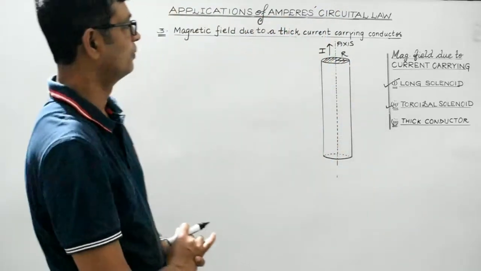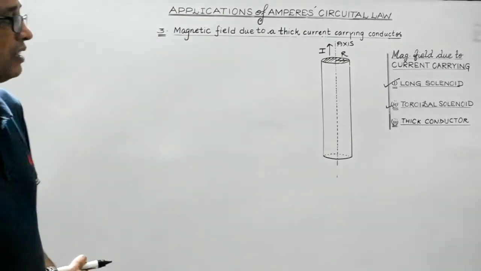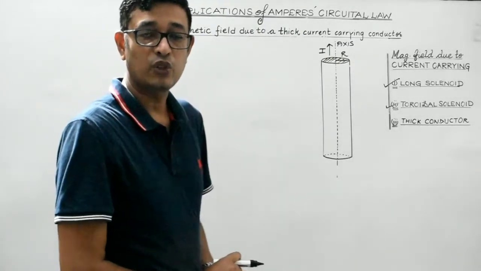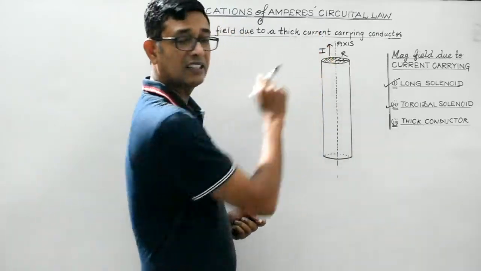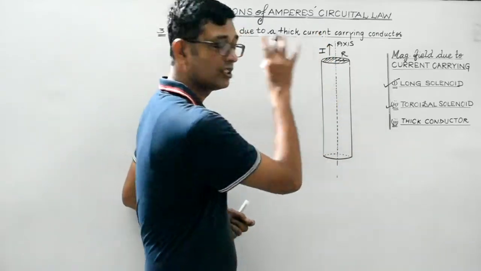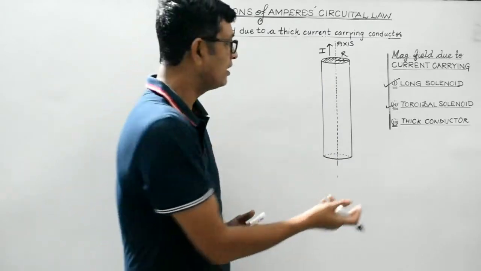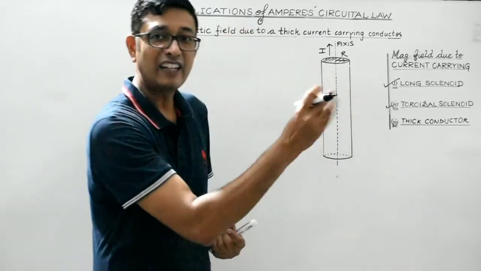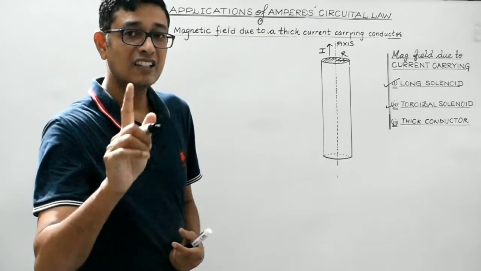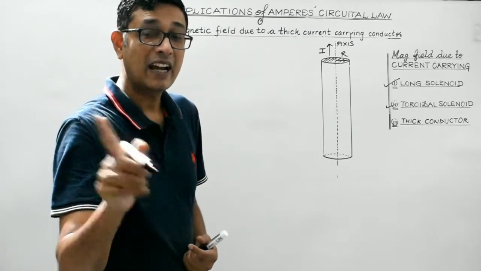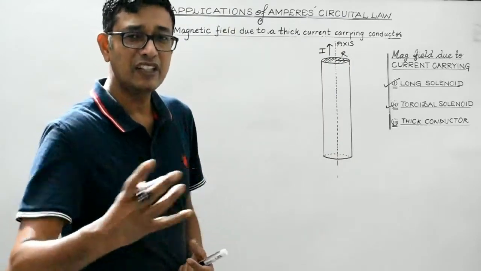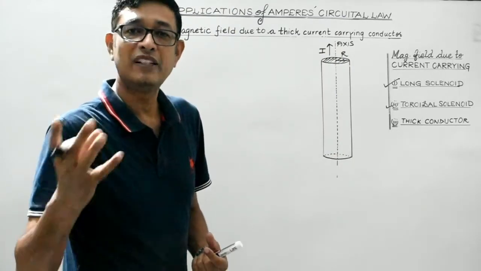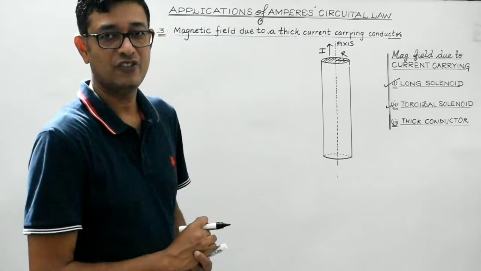We have to make use of Ampere circuit law to find the magnetic field at a point lying outside this current carrying conductor, at a point on the surface of the conductor, at any point inside the current carrying conductor, and last but not the least, the magnetic field at a point on the axis of this current carrying conductor. So these are the various cases which we will be discussing during this session, right?